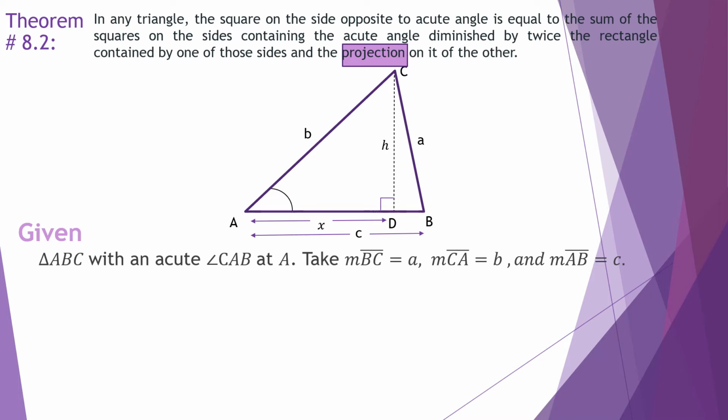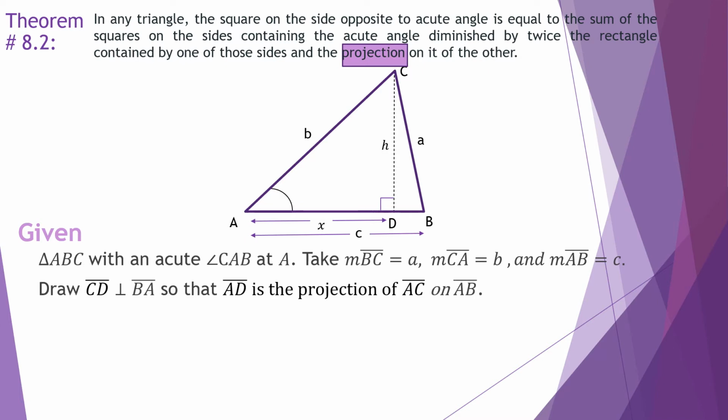In order to calculate the length of the projection, we draw a perpendicular from C on AB. CD is perpendicular on AB, so that AD is the projection of AC on AB. Also, measurement AD is equal to x and measurement CD is equal to h.